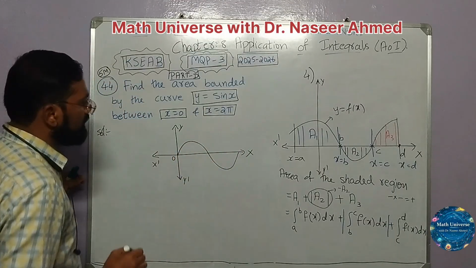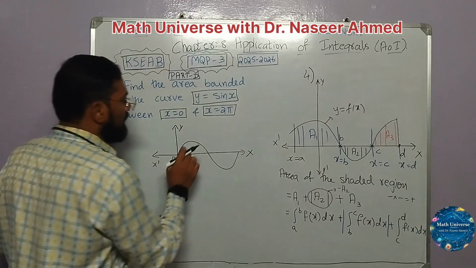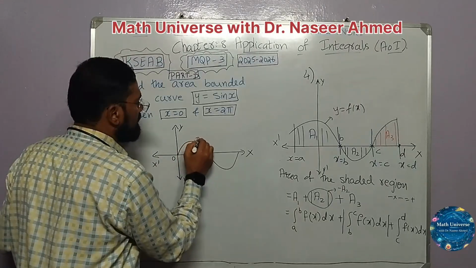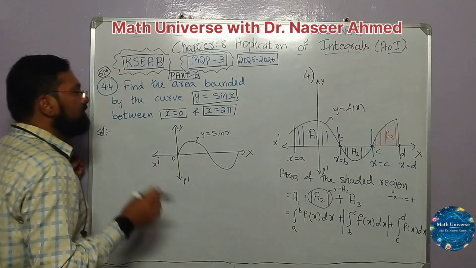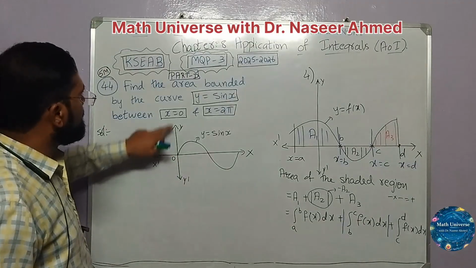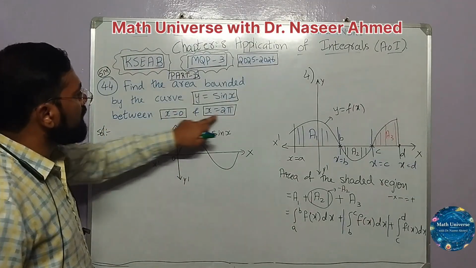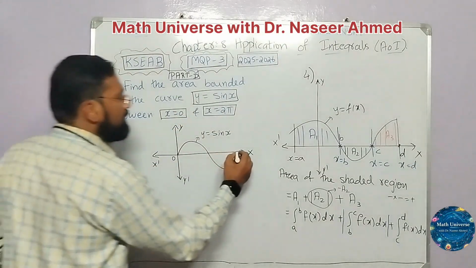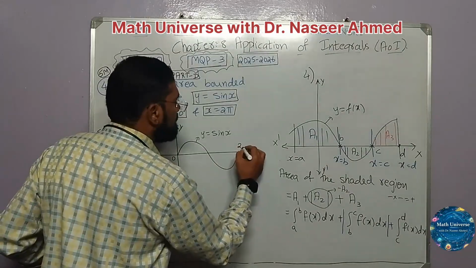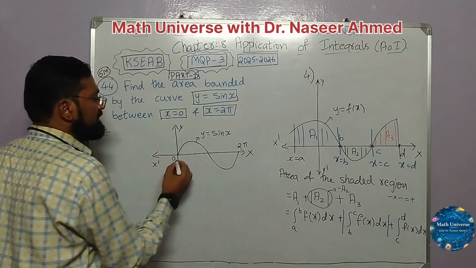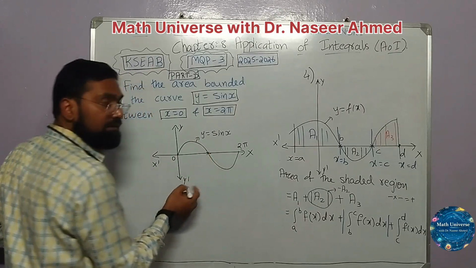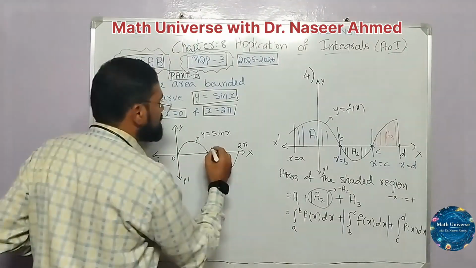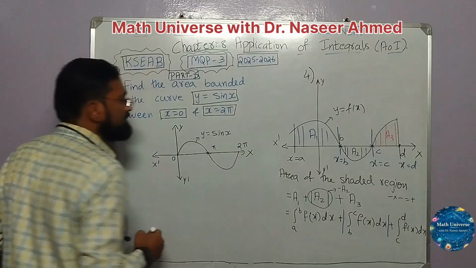This is the curve of y equal to sin x, and I have to find the area bounded by this curve from x equal to 0 to x equal to 2 pi. The curve stops here because this will be 2 pi, and this is 0, and here you can see the point of intersection of the curve and the x-axis. This point is pi because sin pi is 0.